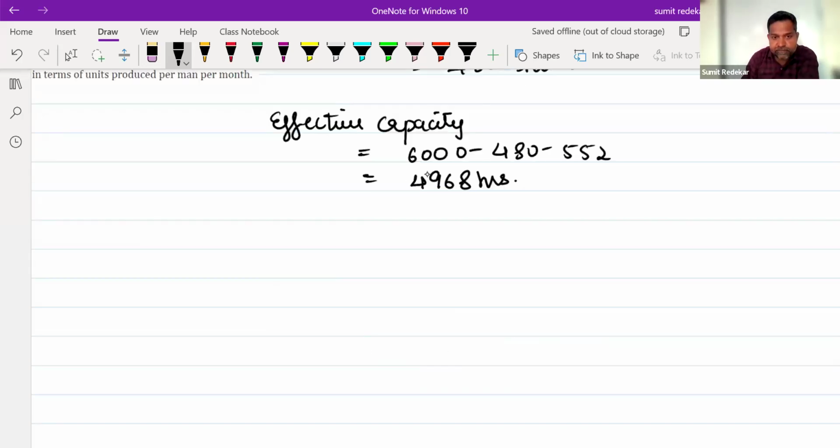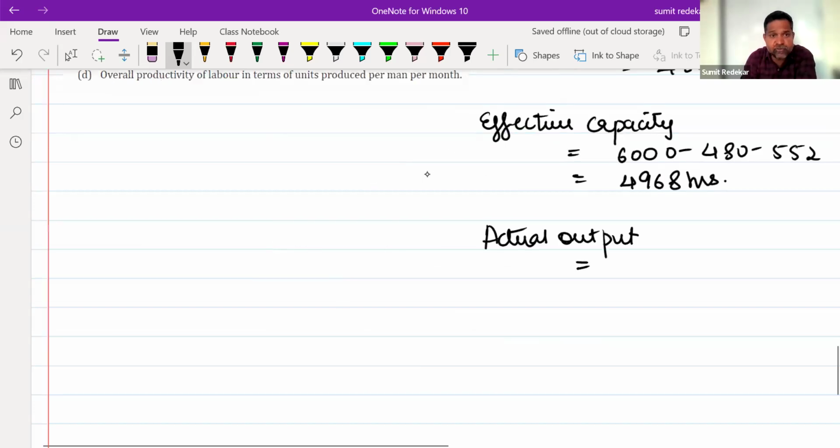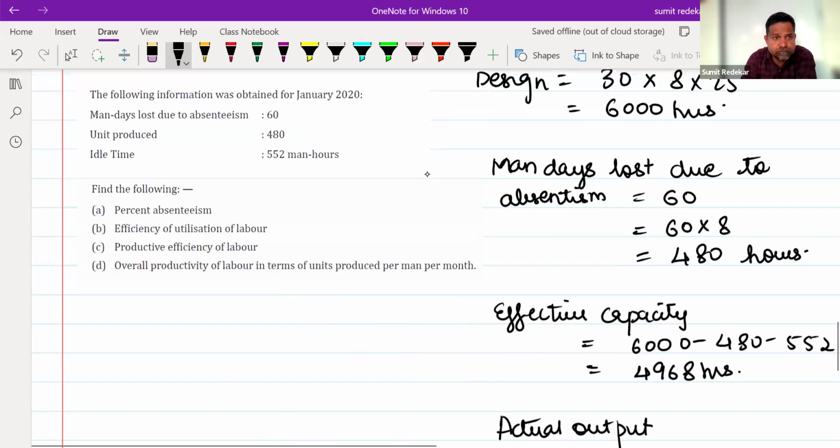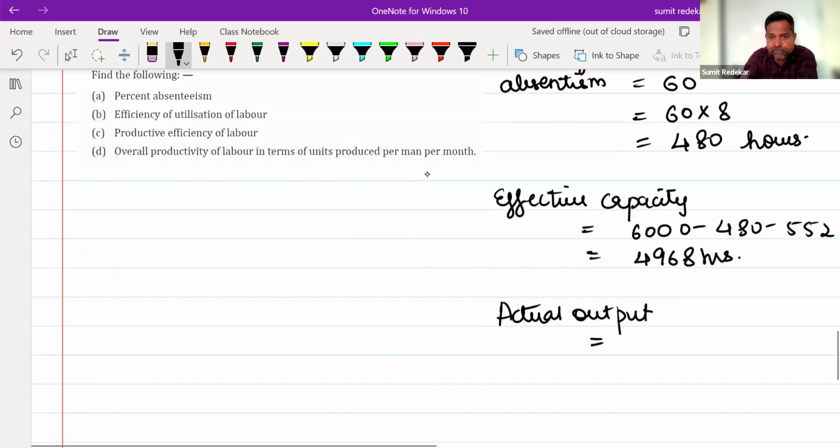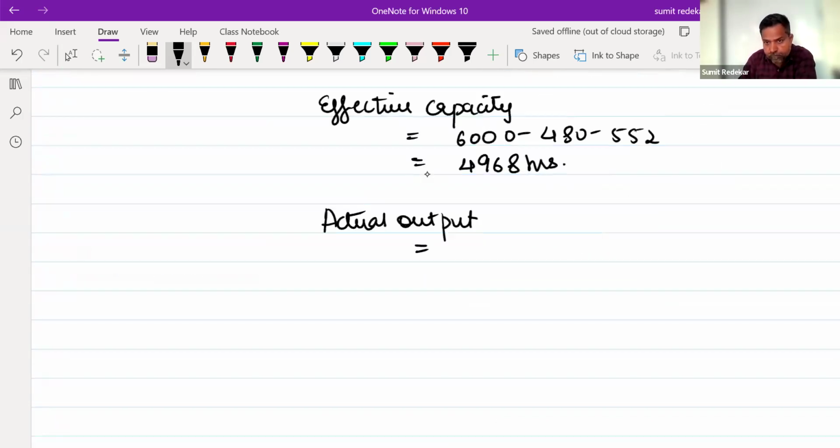What am I actually saying? Actual output is 480 units. Convert units to hours.